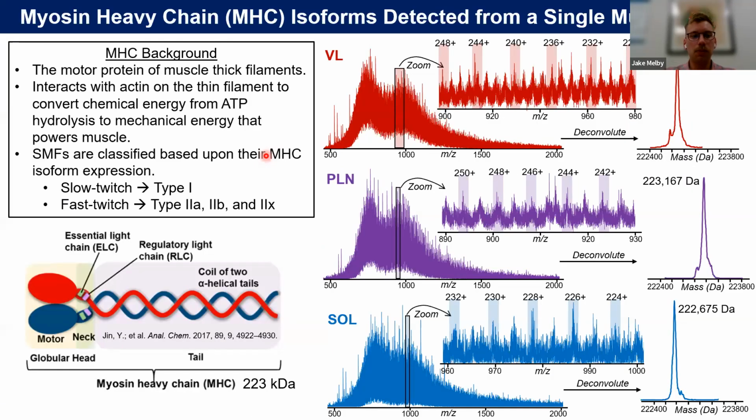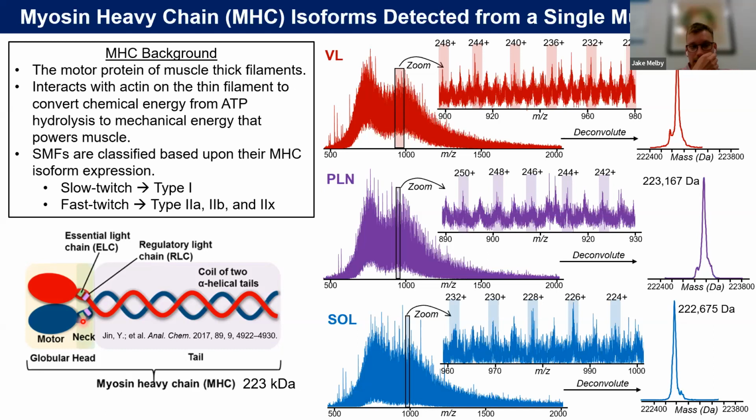The last example that I'm going to talk about for this one is myosin heavy chain. Myosin heavy chain is a massive protein. It's 223 kilodaltons. This is where the other 2 proteins I've talked about modulate the motor and neck of this molecule. It interacts with the thin filament actin to convert chemical energy to mechanical energy, and that's what powers muscle.